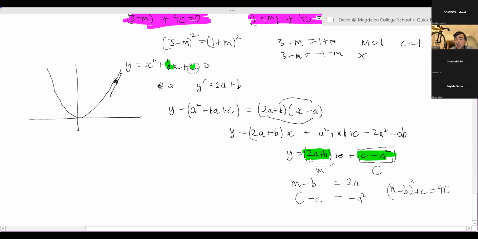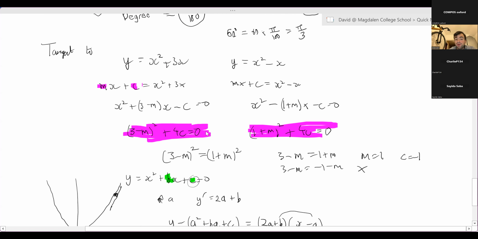So using calculus to find the gradient at a general point will give you an algebraic condition linking the gradient and intercept of a line, but it'll just give you the same algebraic condition that you could have got more conveniently from using the discriminant.